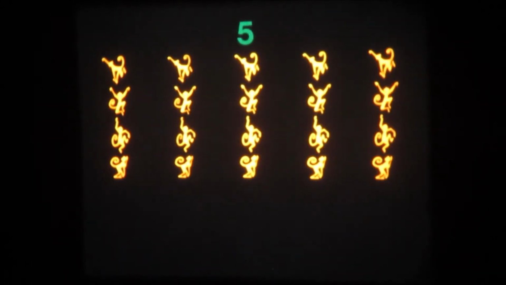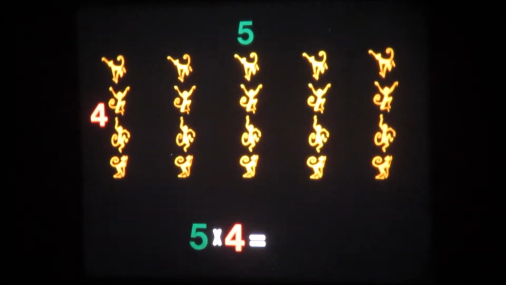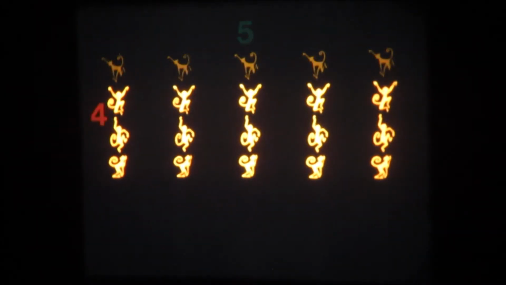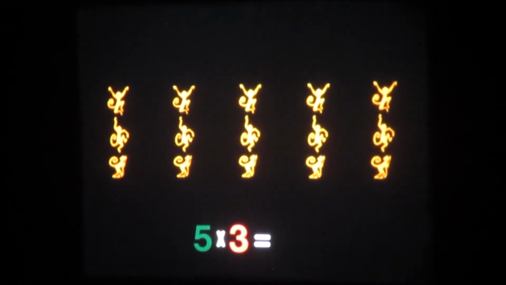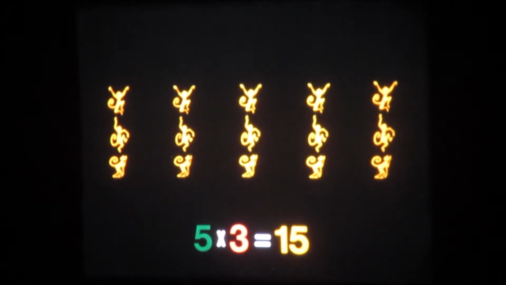What if we had 5 cages with 4 monkeys in each? Would we have the same number of monkeys we had before? What if we had 5 cages with 3 monkeys in each? Or 5 cages with 2 monkeys in each?